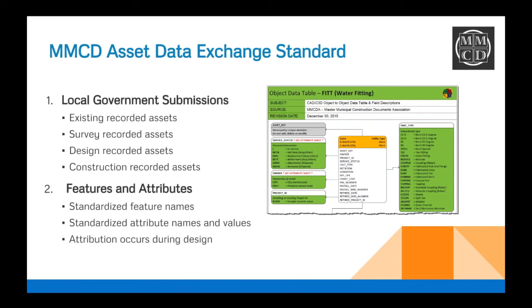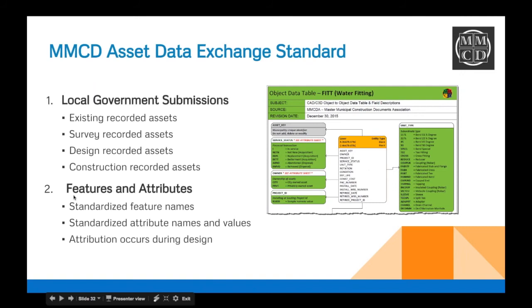And so this standard is a data model that requires a whole set of fields to be filled out in the data that's sent in. And so this uses the Map 3D object data functionality that's part of Civil 3D, so that the files that are prepared by contractors using that can have a very rich set of attributes in them.